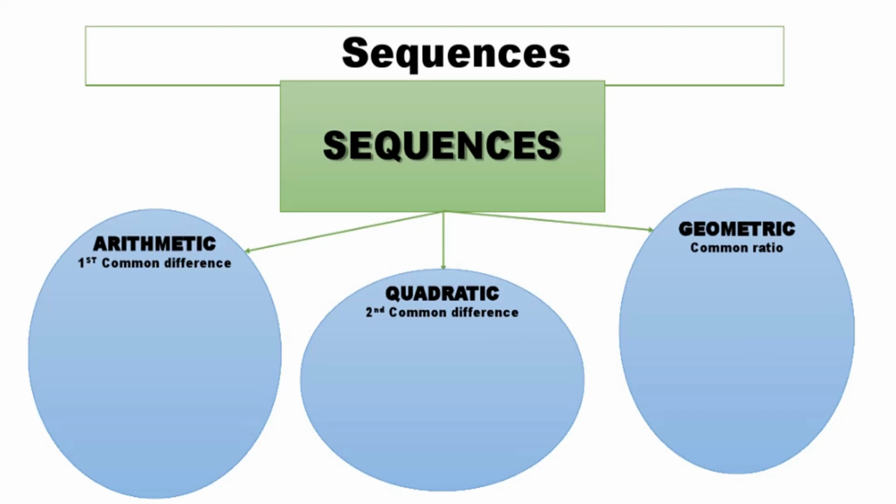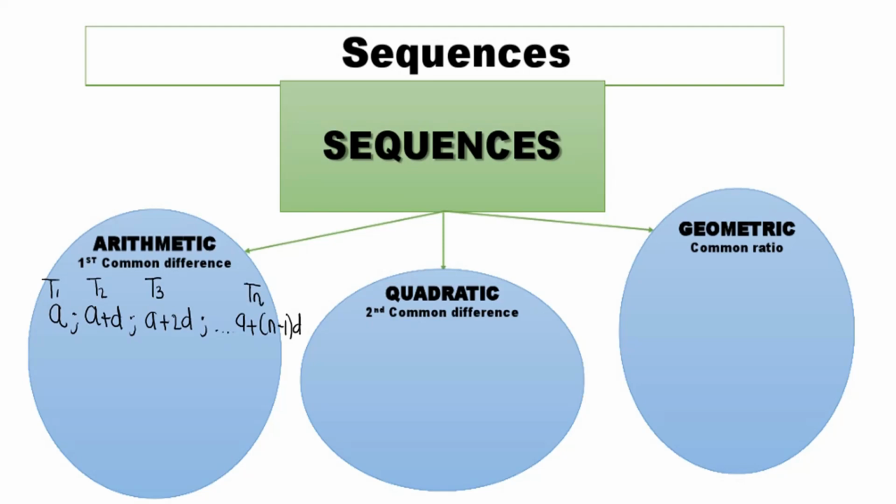It is also important to note that an arithmetic sequence can be defined in the following way. If you're working with an arithmetic sequence, you need to understand that if you're given A, which is the first term, A plus D is the second term, A plus 2D is the third term, all the way to A plus (n minus 1) times D. Where your A is your T1, your A plus D is your T2, your A plus 2D is your T3, and your A plus (n minus 1) times D is your Tn.